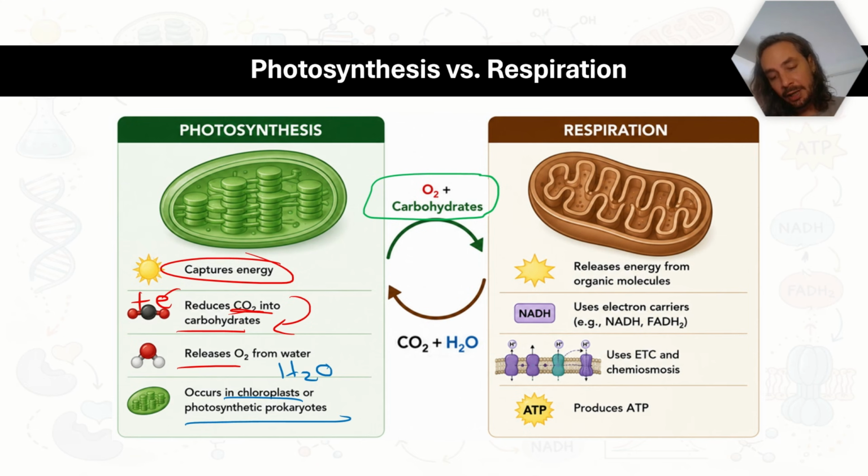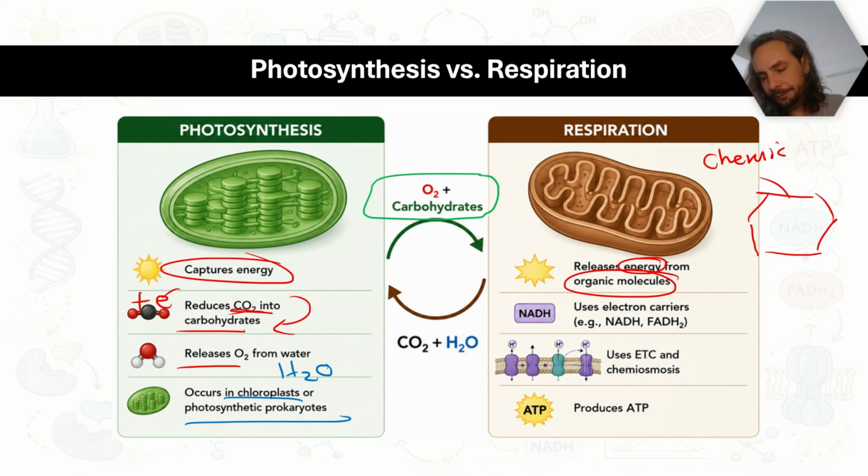Now for respiration, we use that oxygen and carbohydrates to release the energy from these organic molecules. So if I have a glucose molecule, these are the chemical bonds, and these chemical bonds store chemical energy.